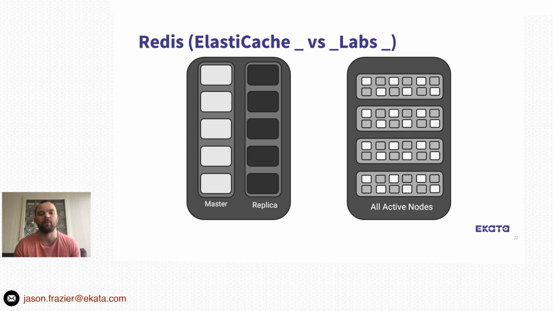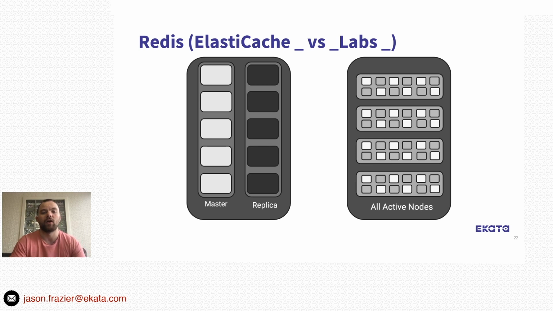I don't know if many people who have ElastiCache clusters have looked at their dashboard, but you'll notice that the actual CPU utilization of your node is probably less than 5%. On top of that, you had master nodes and replica, or slave, nodes.